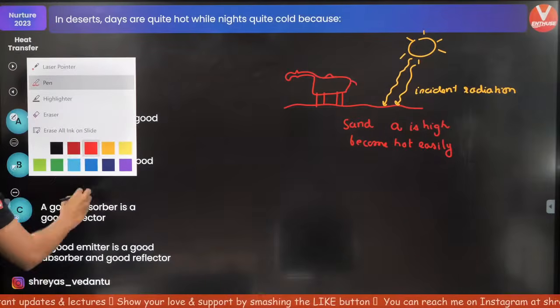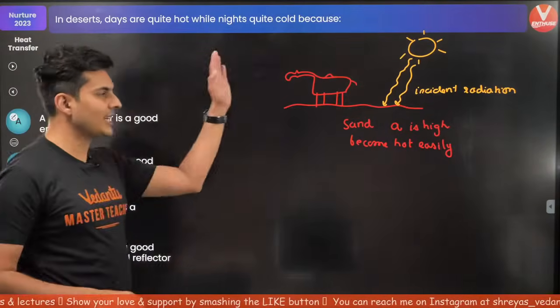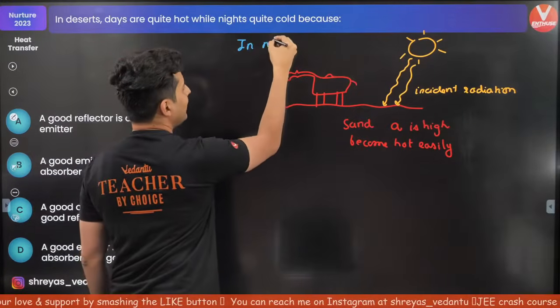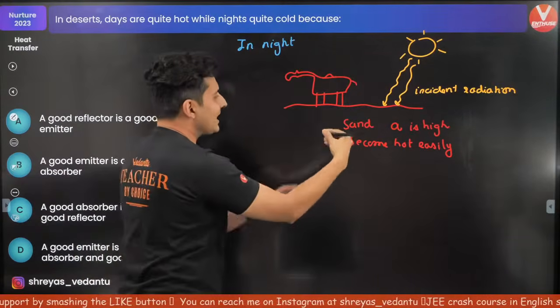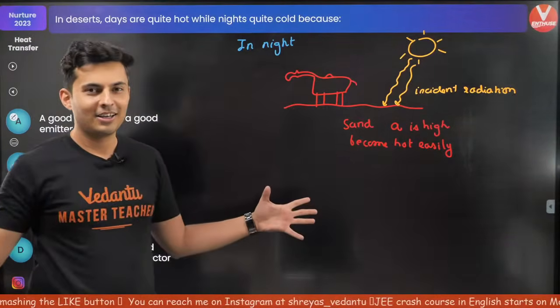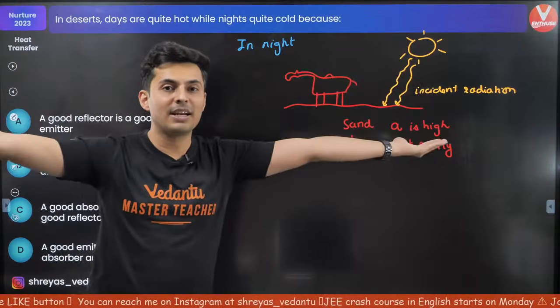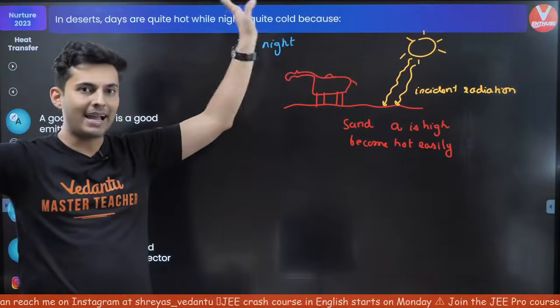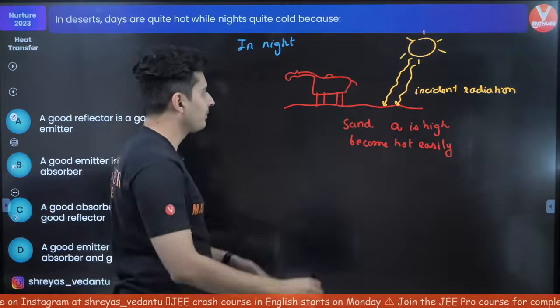Now what happens once the sun sets? In the night, this sand is hot. The outside temperature is cold. The skies have gone blank. There is no heat, there is no sun.